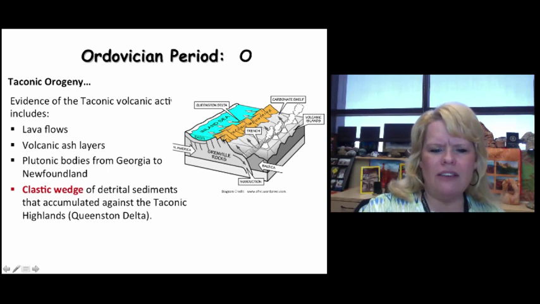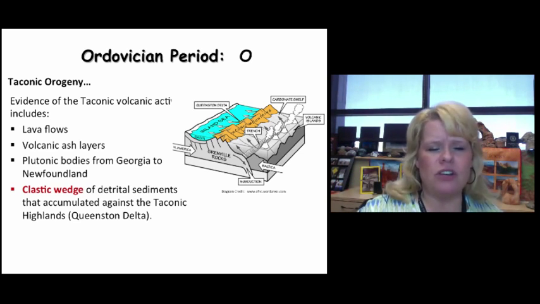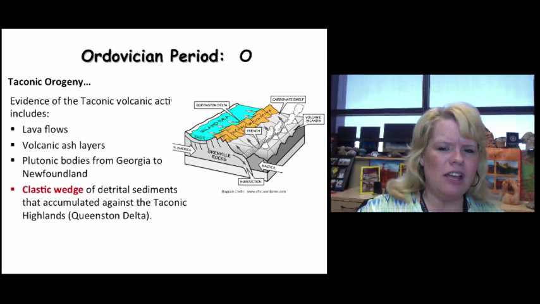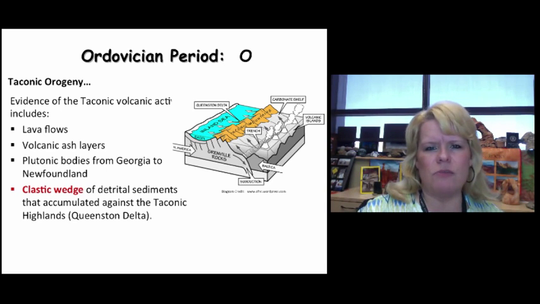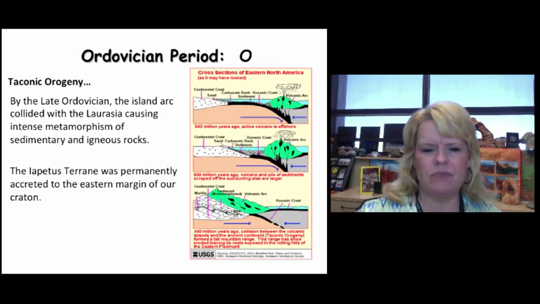Those clastic wedges are distinctive because of the erosion of the volcanic seamount, or in this case the Taconic mountains that got uplifted in the Appalachian Mobile Belt. The rock layer that's famous for that in North America is called the Queenston Delta, and it's used for lots of economic purposes, including materials used for construction.